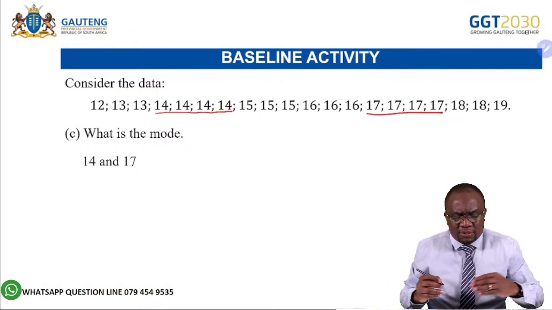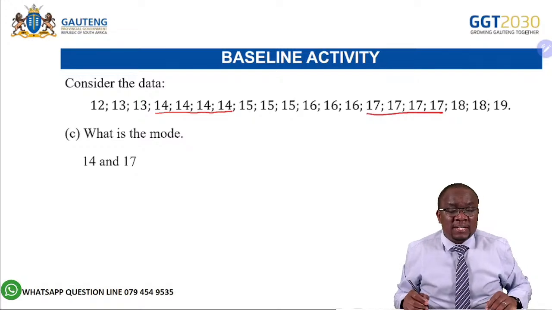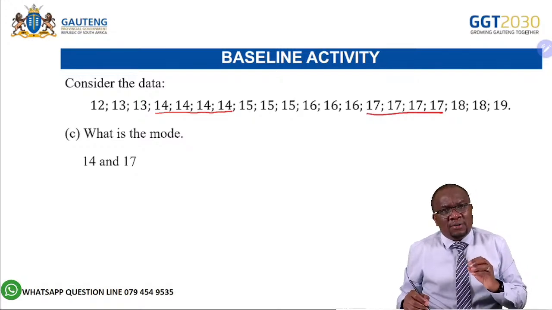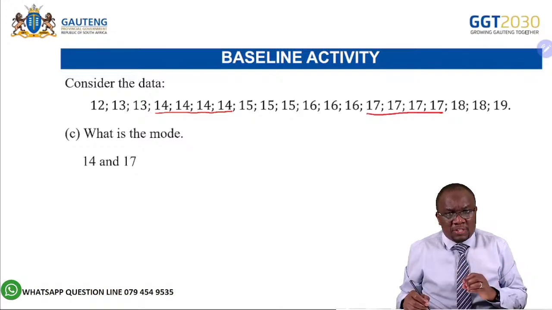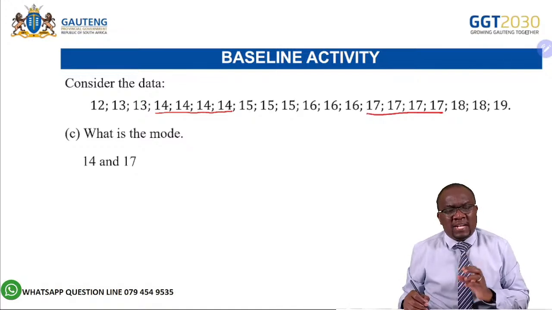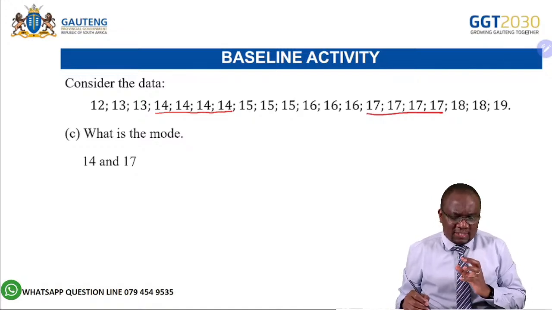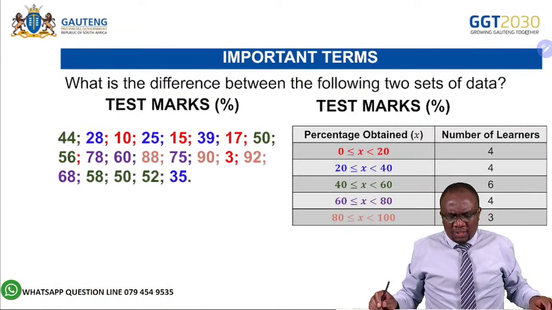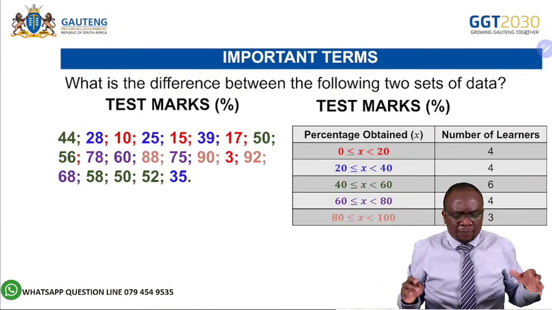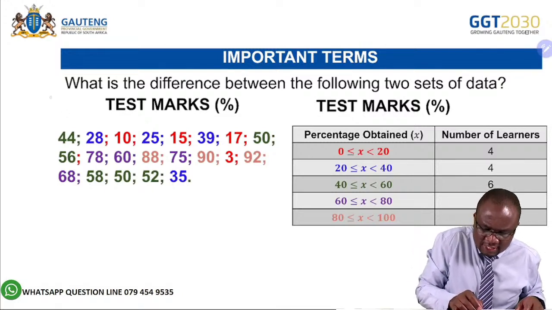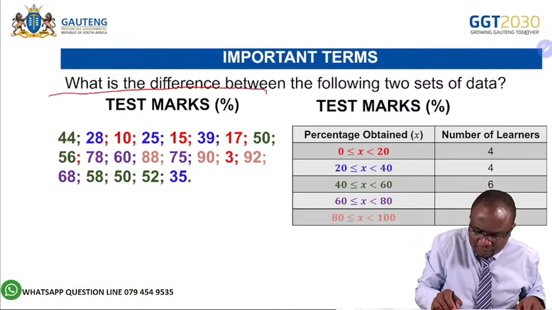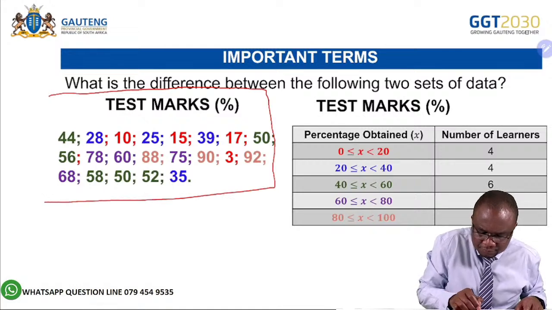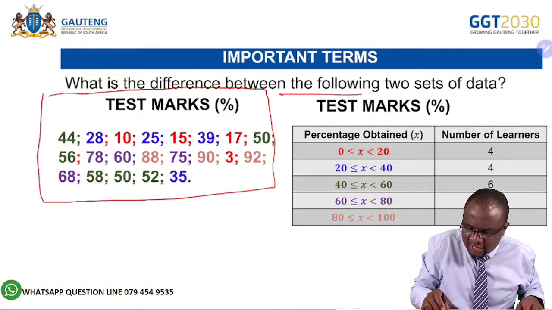Now let's go to the main part of our lesson. Like I said, I'm going to explain, but before I explain, I want you to discuss something. What is the difference between the following two sets of data? We have this set of data, let me highlight it, and then we have this one.